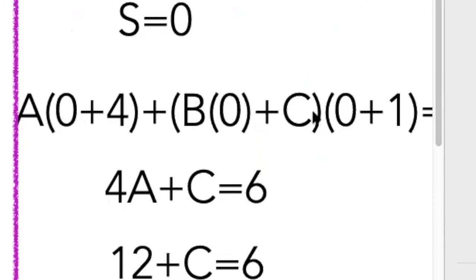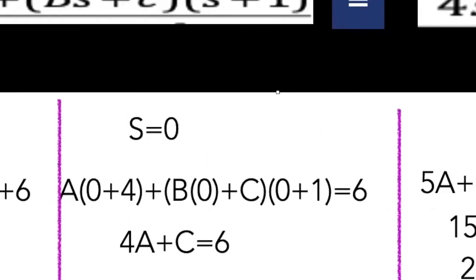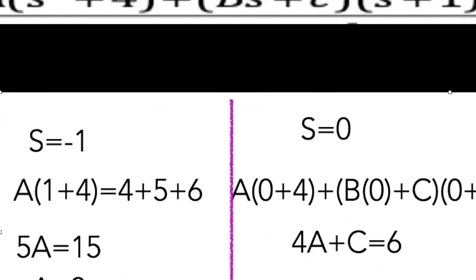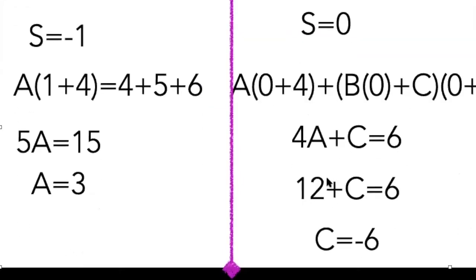This would cancel, so you have c, because 0 plus 1, that's 1. So 1 times c is c. And then we have 6. Replacing a is 3. So you have 3 here, so 3 times 4 is 12. Carrying the 12 over the equal sign, so you have 6 minus 12, so that is -6.